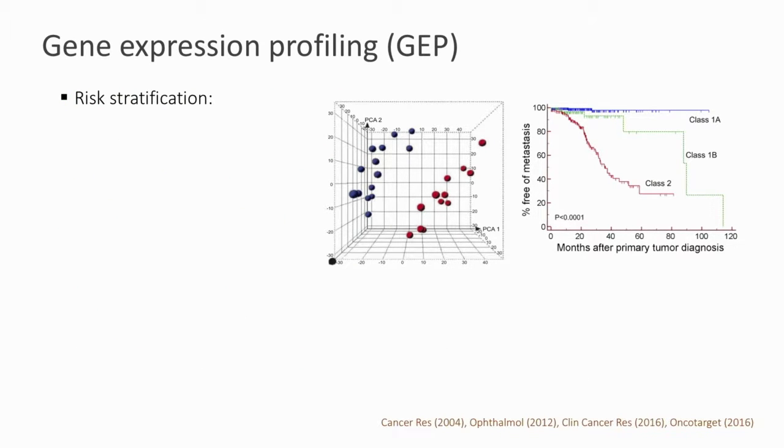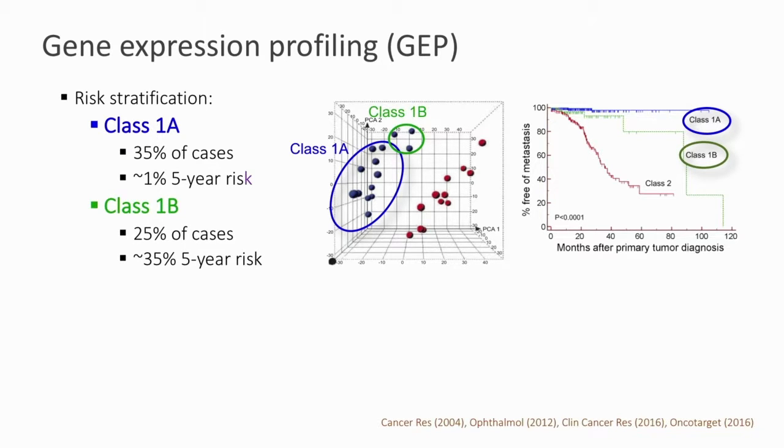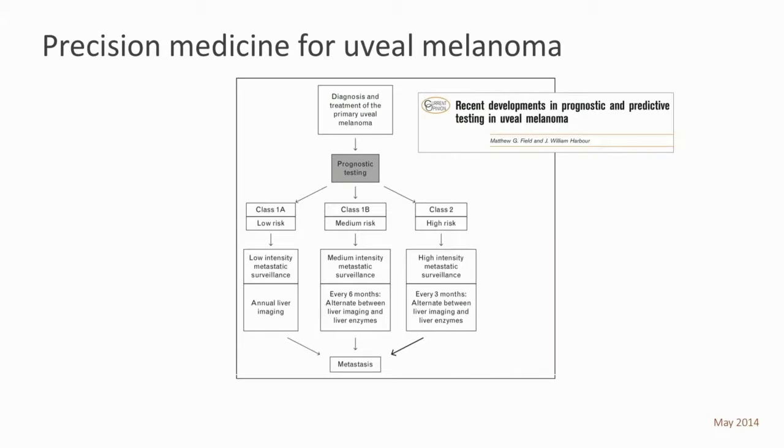We now have excellent risk stratification for these patients using gene expression profiling. We can divide patients into Class 1A, who have very low risk of metastasis, Class 1B with an intermediate risk, and Class 2 with a high risk of metastasis, and these are the ones associated with BAP1 mutations, about 30 to 40% of patients.